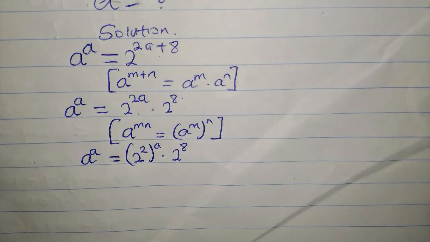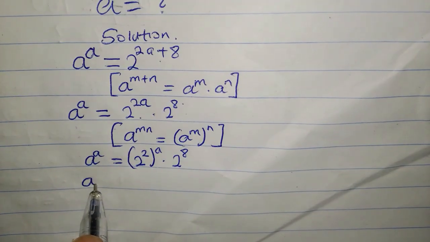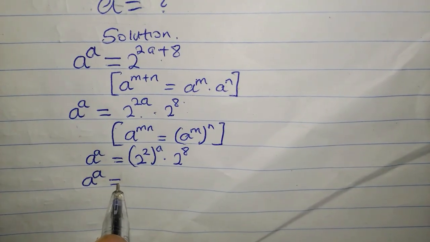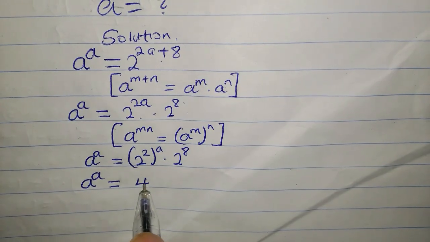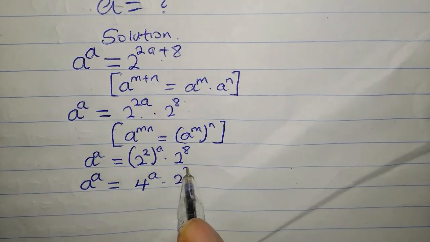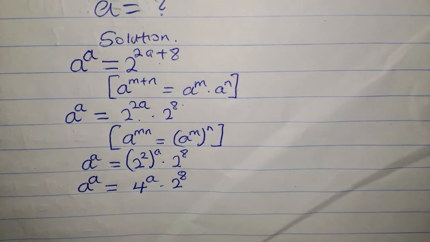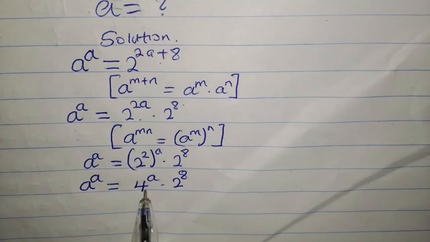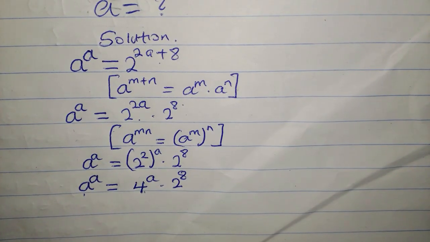We can now see that a to the power of a equals 2 to the power of 2, which is 4. So we have 4 to the power of a times 2 to the power of 8. The next thing we are going to do is bring the 4 to the power of a to the other side. So we divide by 4 to the power of a.